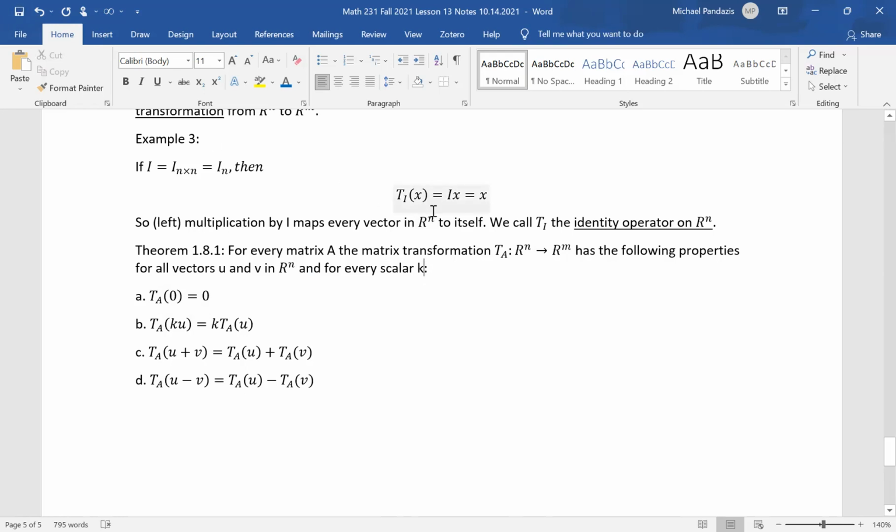In this case, it's an element of the real numbers. So scalar k means that k is a real number. Okay, so A, T sub A of 0 equals 0. B, T sub A of ku equals k times T sub A of u, and then the other two, right? So here the plus corresponds to this plus, and here the minus corresponds to that minus.